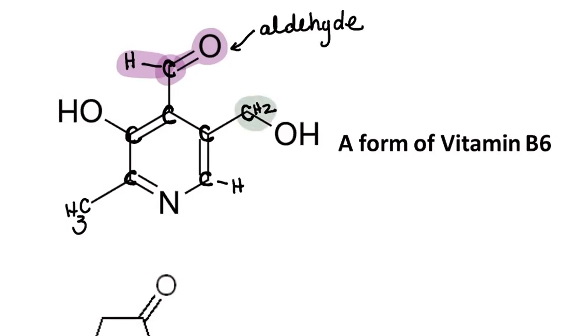If I have a carbon atom bonded to OH, what is that called? Thank you, Vanessa. Exactly. That is called an alcohol. And you can see that we have two of them. We have one on this corner too.